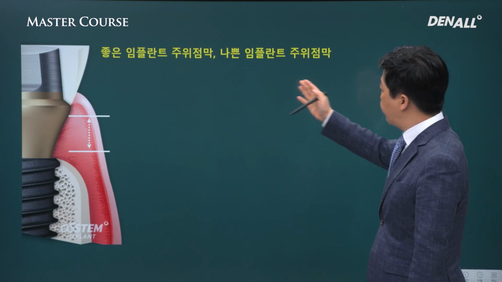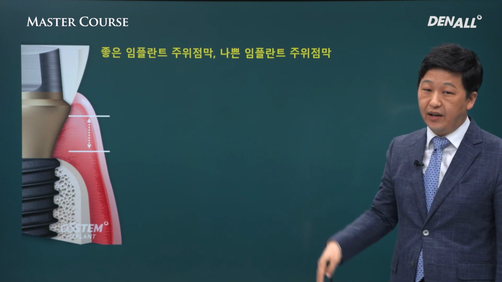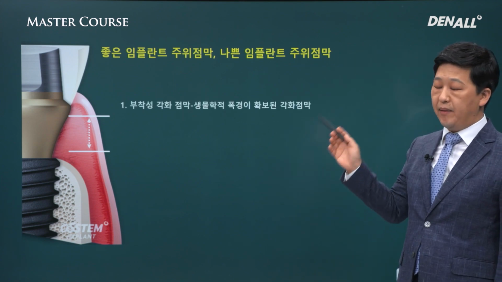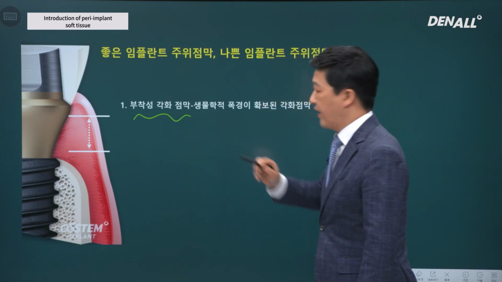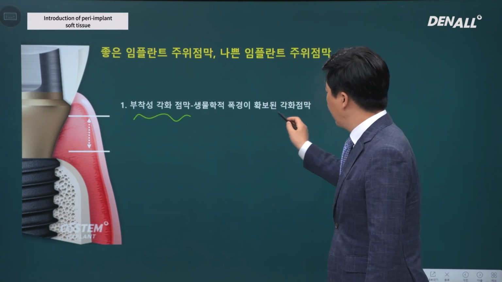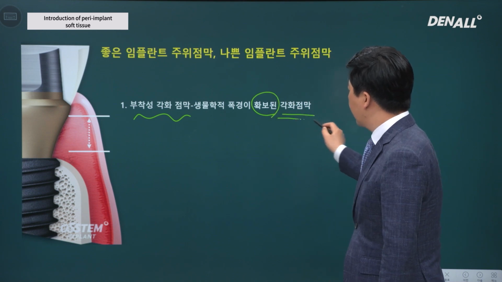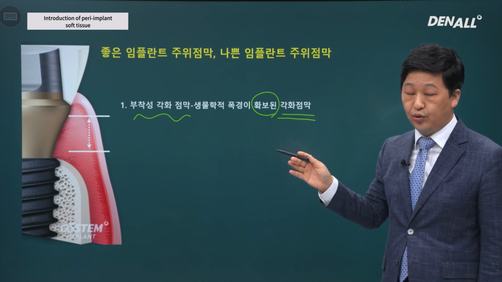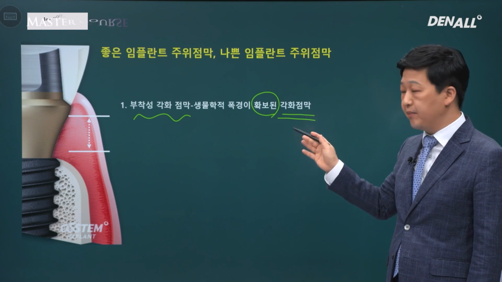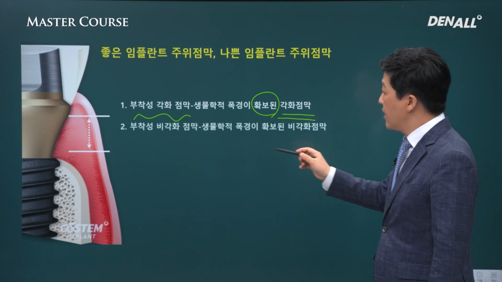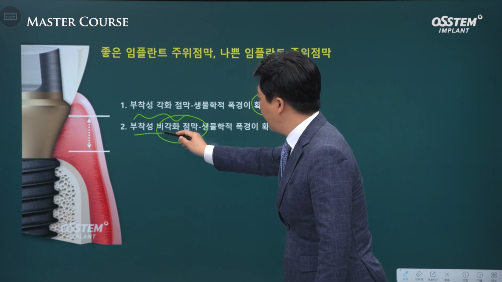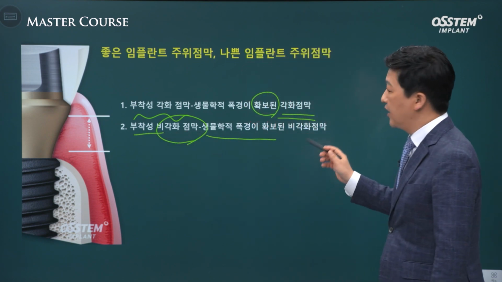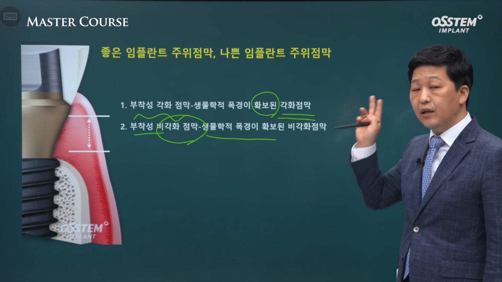Then, what is good peri-implant mucosa and bad peri-implant mucosa? The best peri-implant mucosa is attached keratinized mucosa. There is biologic width and keratinized mucosa. That is the best. Second, it is non-keratinized mucosa, but it is attached and has biologic width.